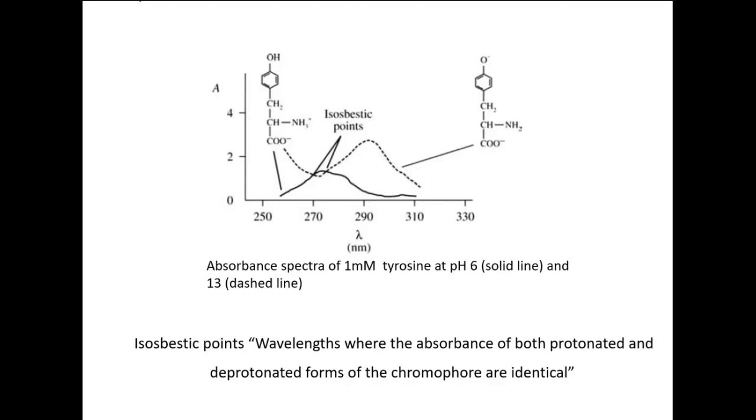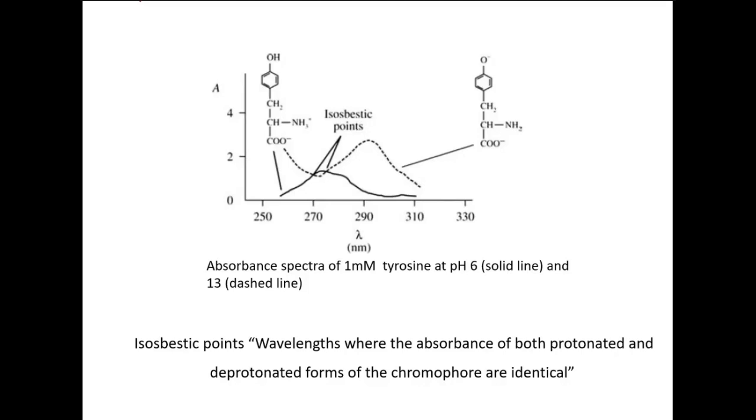Let us take protein for example. Protein contains a chromophore. You know, proteins are made up of amino acid residues. Each two amino acids join together by a peptide bond. Once two different amino acids join together by a peptide bond, it cannot be considered an amino acid, it should be considered an amino acid residue.